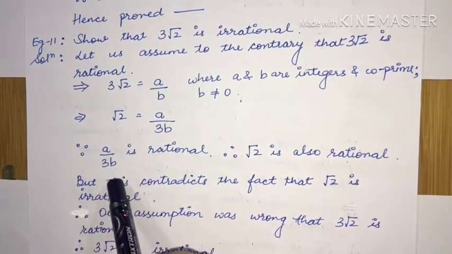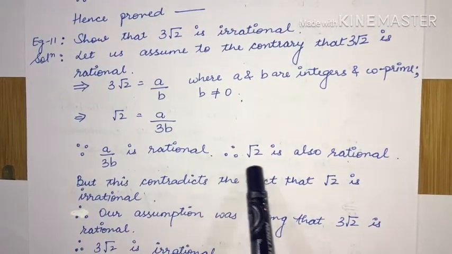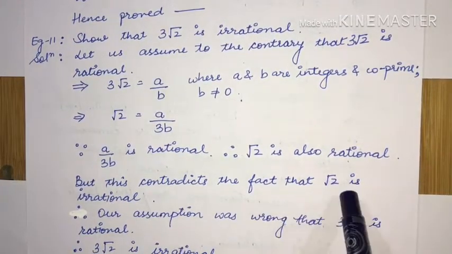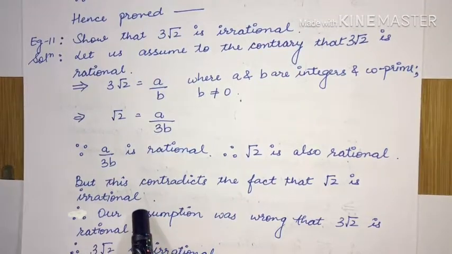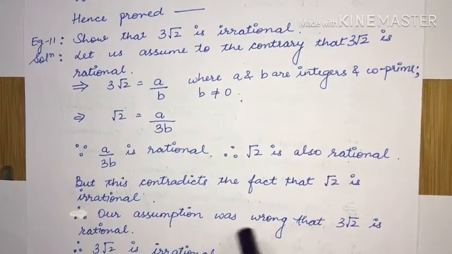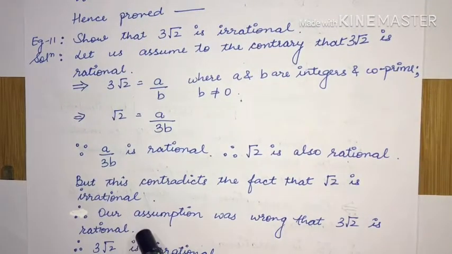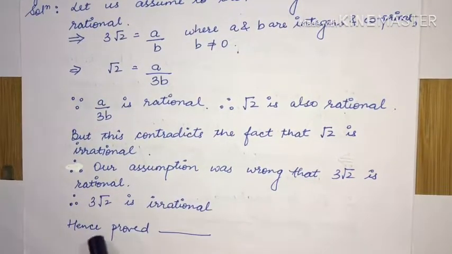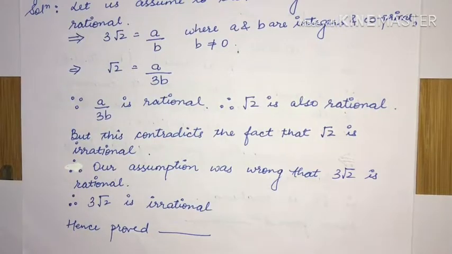Since a upon 3b is rational, therefore root 2 is also rational, but this contradicts the fact that root 2 is irrational. Therefore, our assumption was wrong that 3 root 2 is rational, which implies 3 root 2 is irrational. Hence, proved.